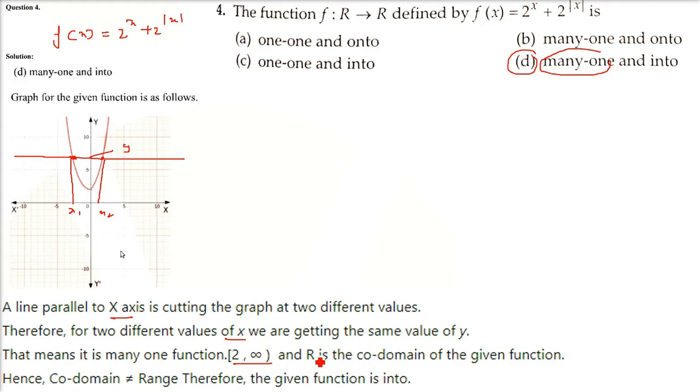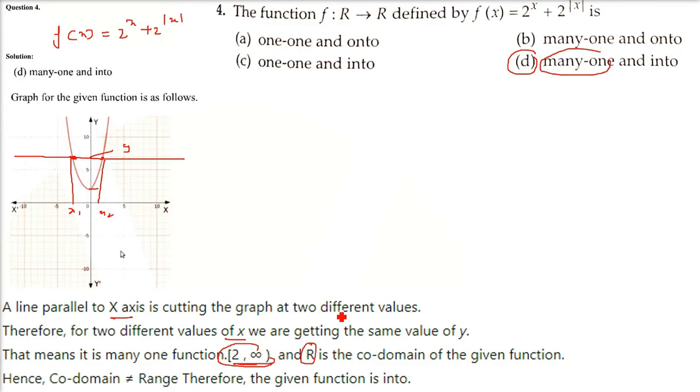Now coming to the domain and range, you clearly see here that this graph is starting from 2 on the y-axis and it goes up to positive infinity. So 2 to infinity is the limitation of this graph. And what is the codomain? Because of 2 to the power x plus 2 to the power mod x, the codomain is R. So 2 to infinity is your range and real numbers is your codomain. The codomain is not equal to range.